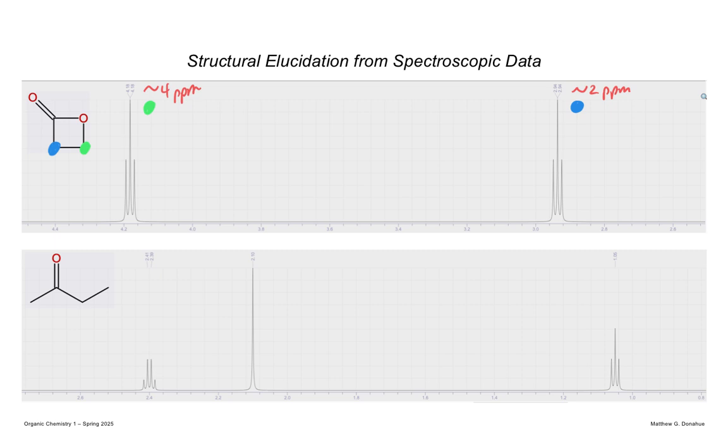We can make assignments based on that, but when you look at this signal at 2, how many lines in that signal do you see? 3 lines. And then the same for the green.